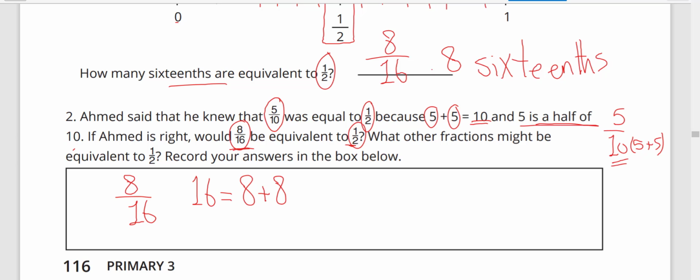So 8 over 16 is equivalent to half. So 8 over 16 equals half. Explain your answer. Okay, what other fractions might be equivalent to half?